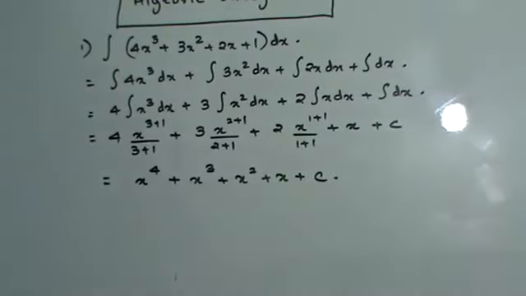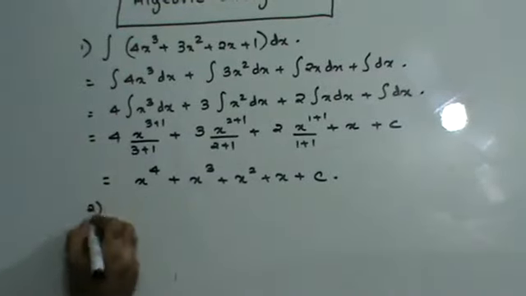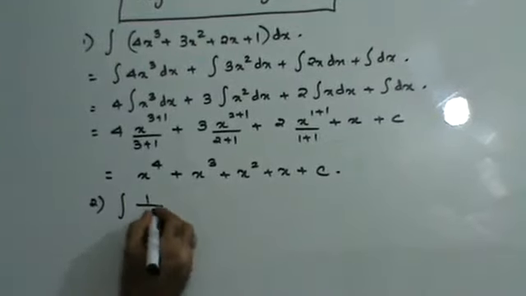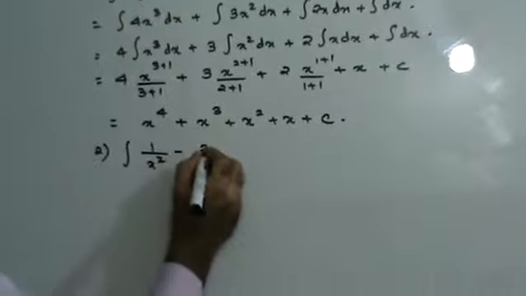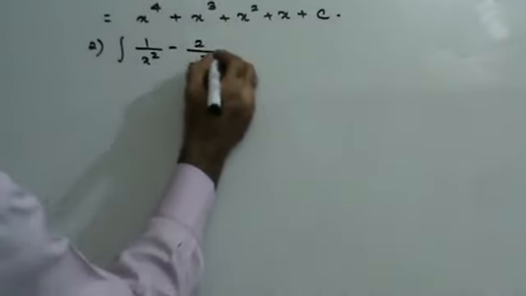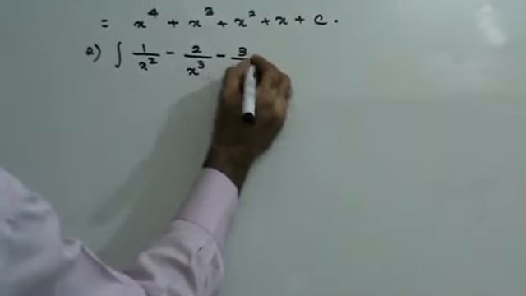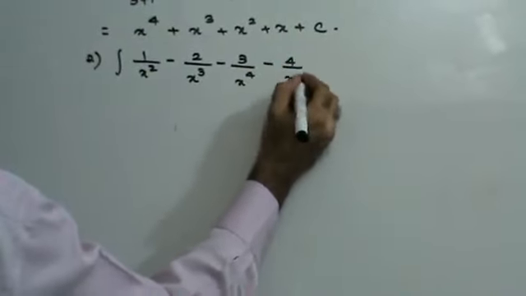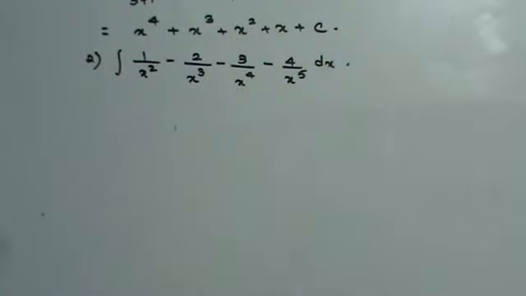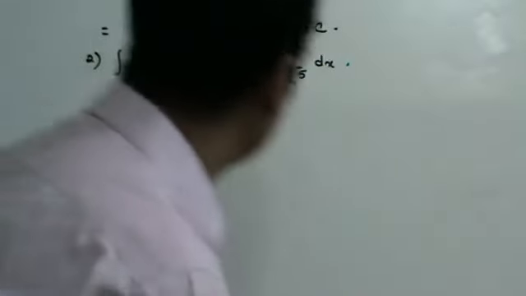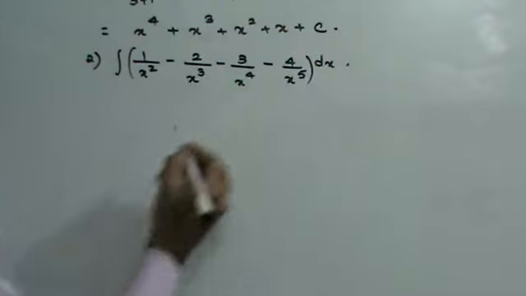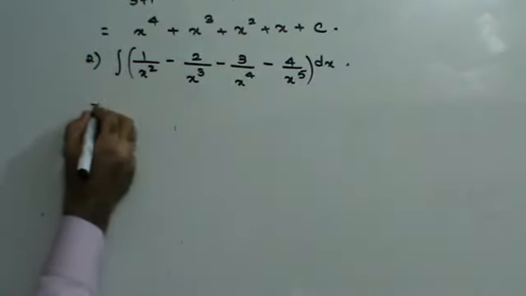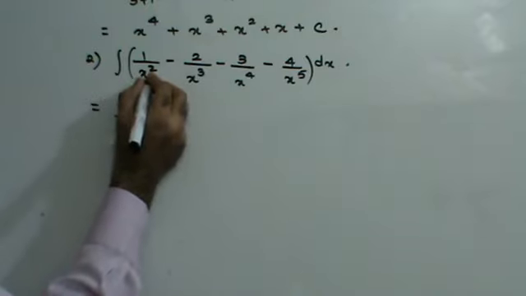Let's see another sum, guys. Integral of 1 upon x square, minus 2 upon x cube, minus 3 upon x raised to 4, minus 4 upon x raised to 5, with respect to x. Let us see this sum. Now, if I open the bracket, this is going to be equal to the integral of, I have x square in the denominator.